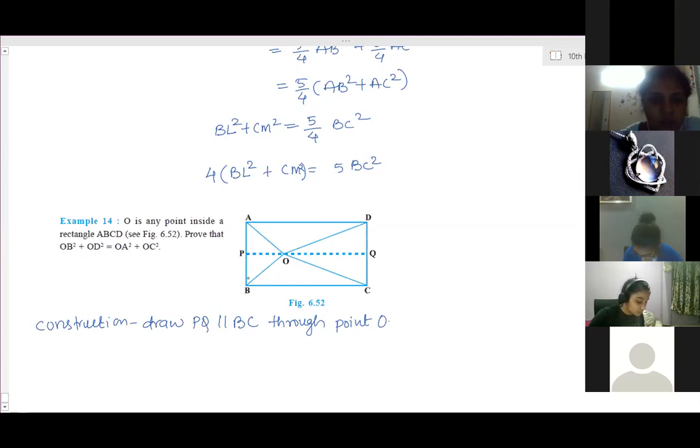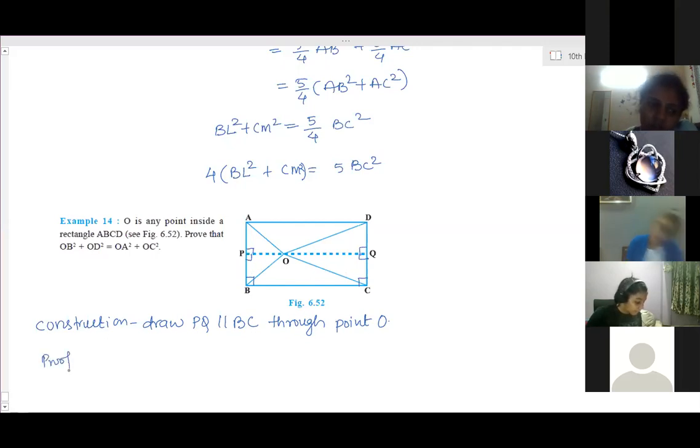Now angle B is 90, so therefore angle P will be 90. Angle C is 90, therefore angle Q is also 90. Corresponding angles, because these lines are parallel. And PQCB is a rectangle again, because both pairs of opposite sides are parallel.